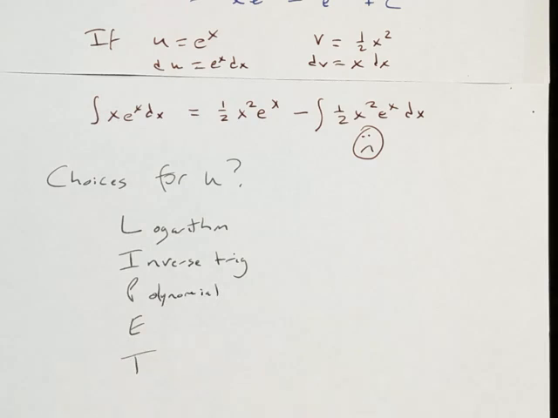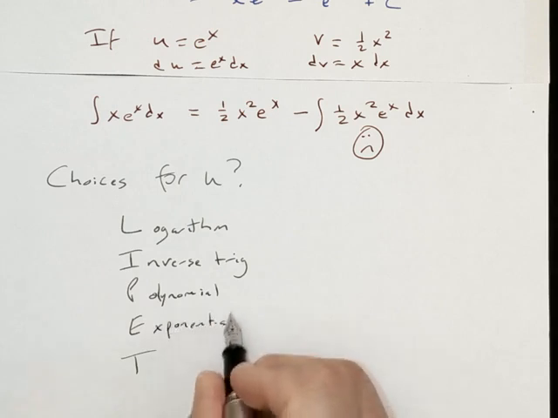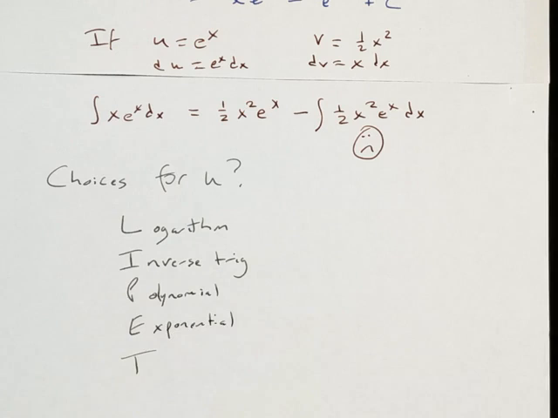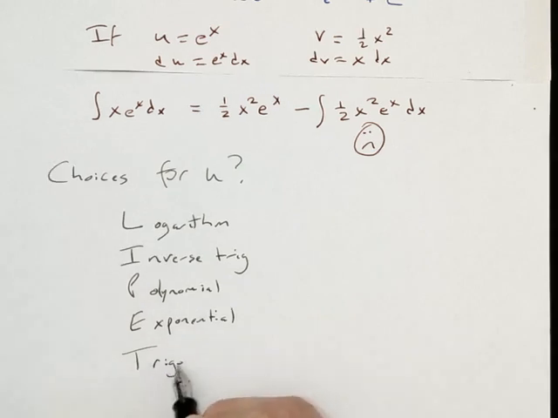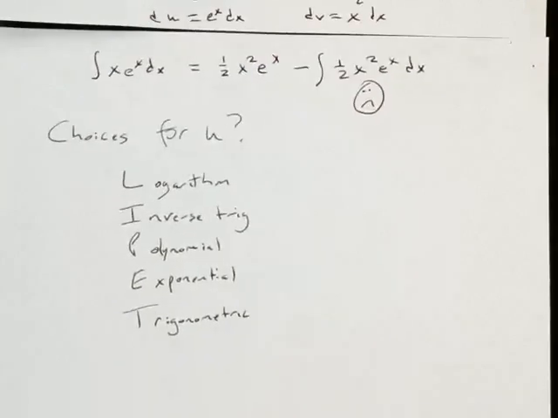If I don't see any of those, but I see an exponential, that should be u. And last but by no means least, if the only thing I see is trig stuff, that's going to be my choice of u.